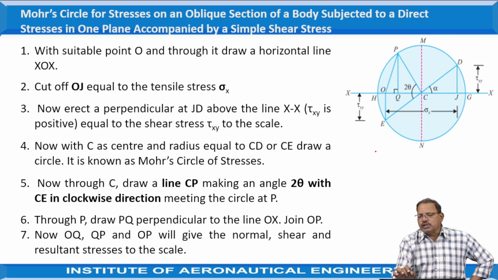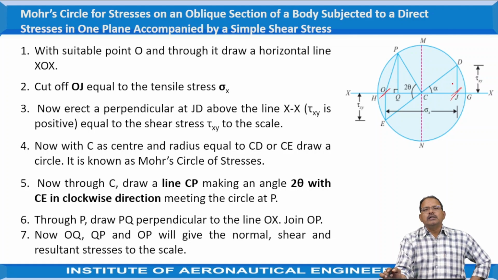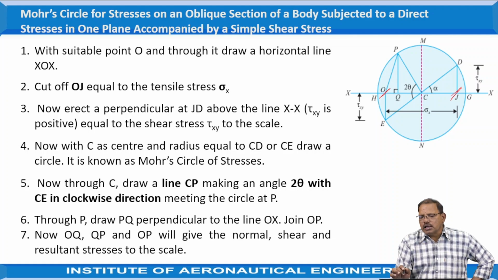Now cut off OJ such that it represents the tensile stress sigma x. Since it is positive, you have to draw the line from O toward the right side up to J, such that OJ represents the tensile stress according to a suitable scale.